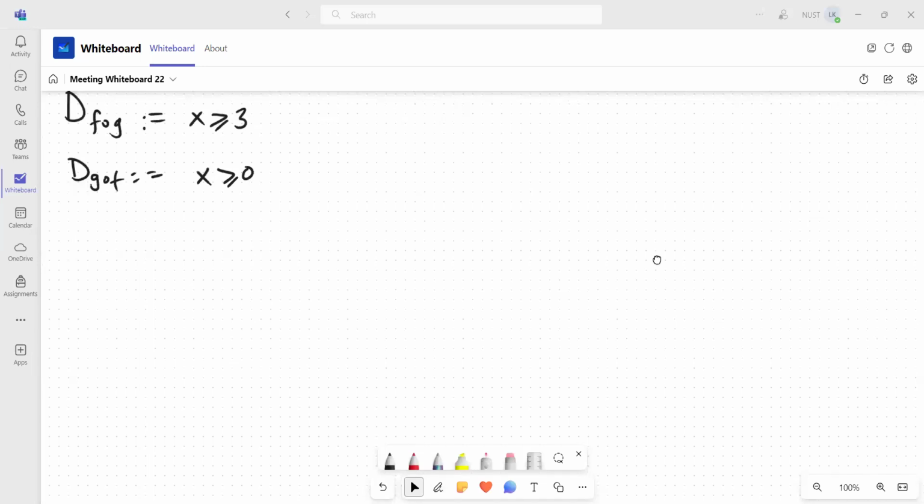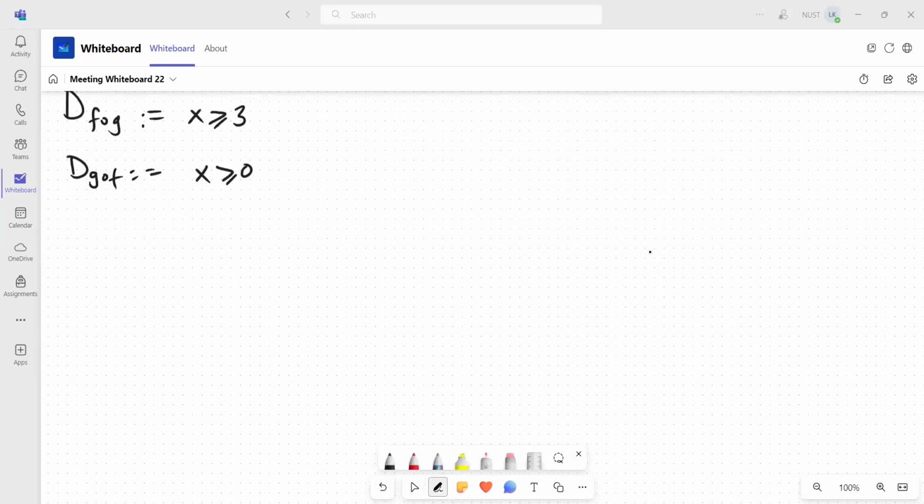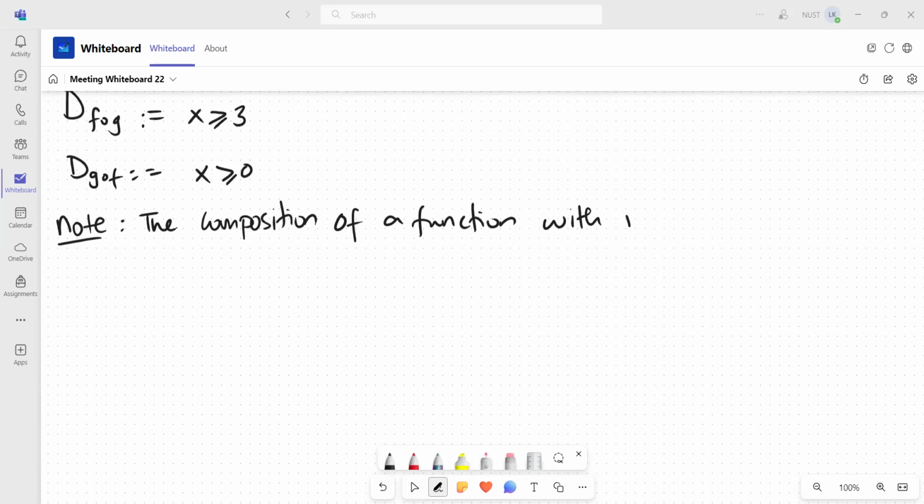Then, of course, you can compose a function with itself. So note that the composition of a function with itself is called an iteration.